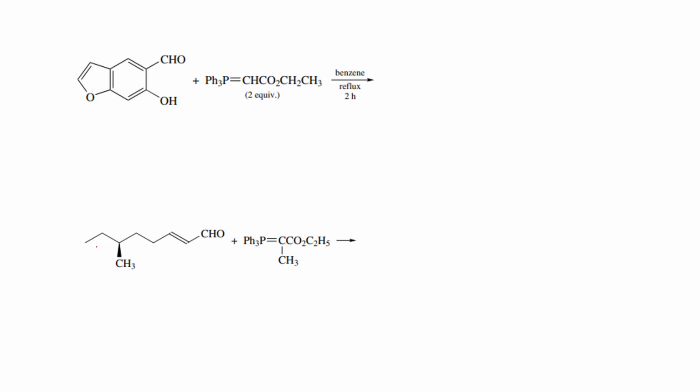Okay, let's try. Now see, in this case the halide carbon contains an ester group, CO2Et. So the ester group has a -I effect as well as a -R effect to stabilize the negative charge. So this is a stable halide.